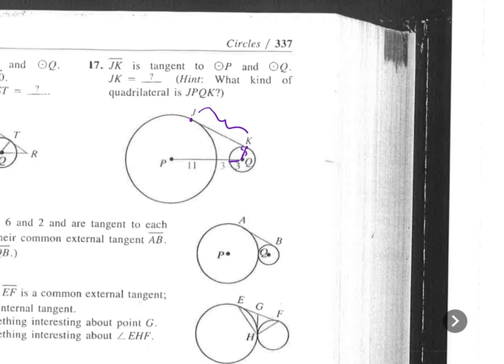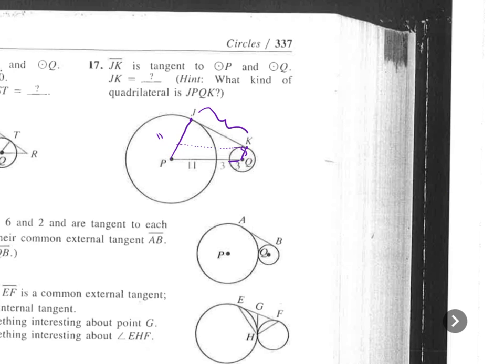Okay, now let's put in the segment from P to J. That's a radius of circle P. Since one radius is 11, the second radius is also 11. Okay, now I'm going to come across here, and I have put an auxiliary line that goes through K and is perpendicular to PQ.